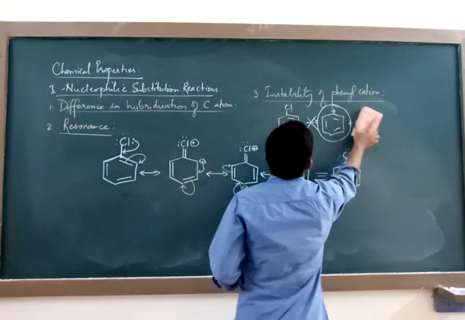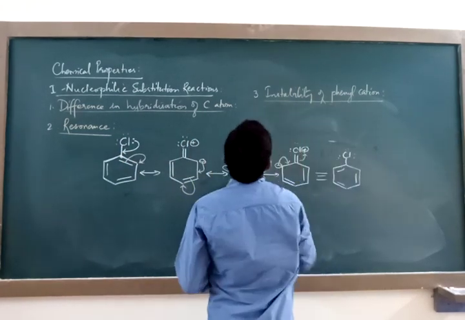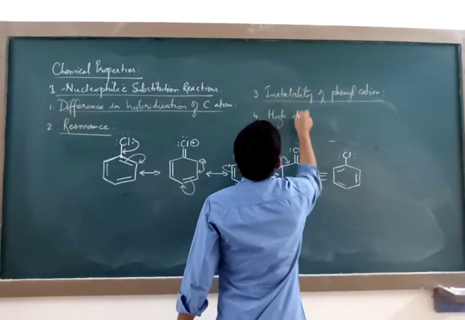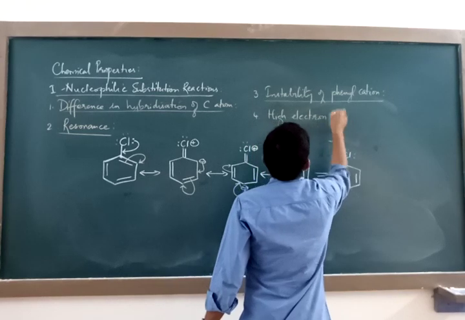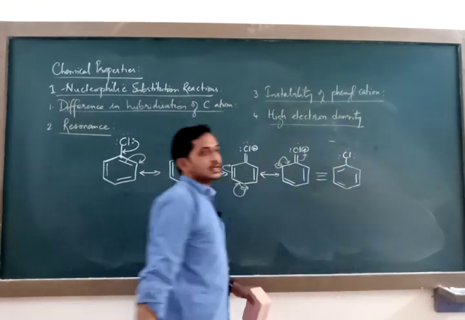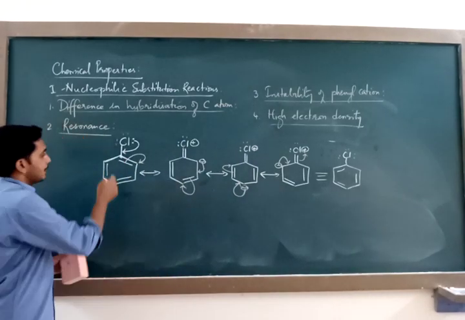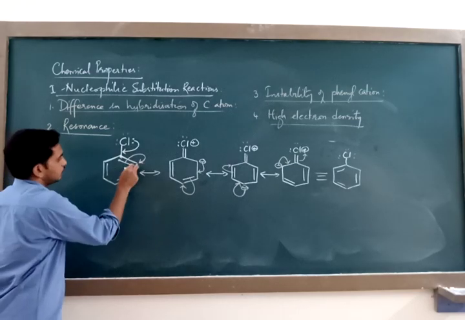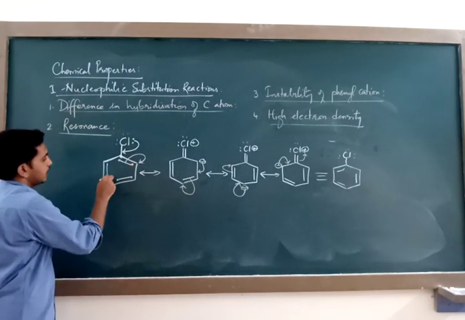The last reason is high electron density. Now you might have noticed in the resonance structures that benzene already has 6 electrons. 1, 2, 3, 4, 5, 6.